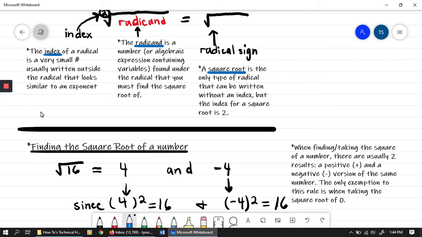The only exception to this rule is when we are taking the square root of 0. There's only going to be 1 result, because the only number you get is 0. Otherwise, there are usually 2 results.